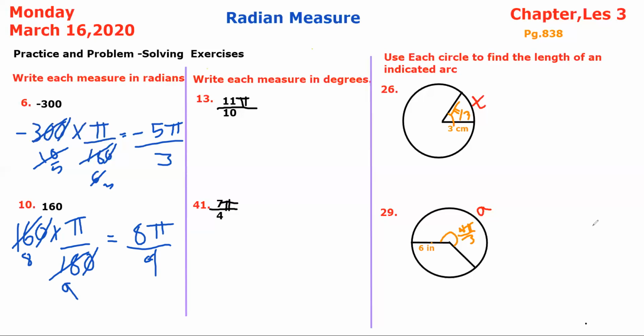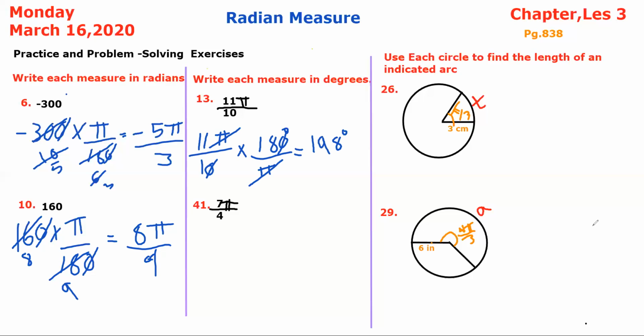Now here, write each measure in degrees. If you have it in radians, like 11π over 10, I will put 11π over 10 multiplied by, I want the answer in degrees, so 180 over π, cancel π. Then zero cancel zero, 11 multiplied by 18 is 198 degrees.